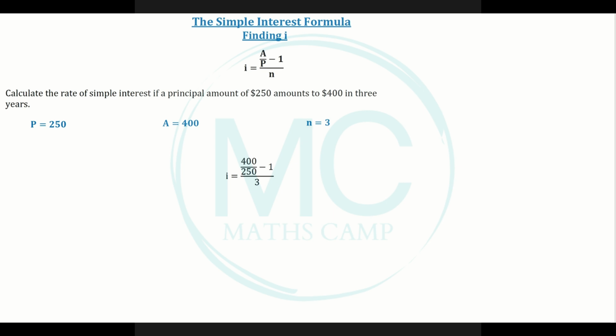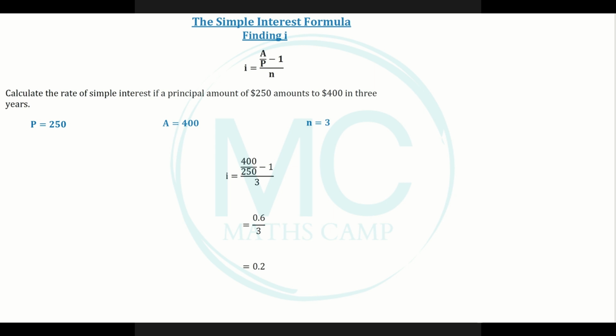Now we can divide A by P. 400 divided by 250 gives us 1.6. Let's subtract the 1, and we get 0.6 all over 3. Now we can divide 0.6 by 3, and we get 0.2. This is our I value.